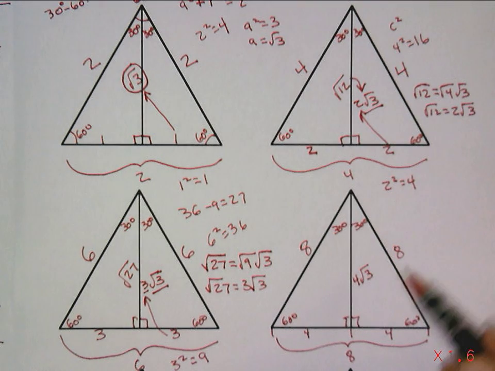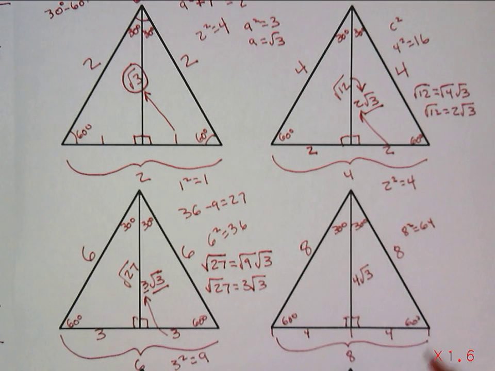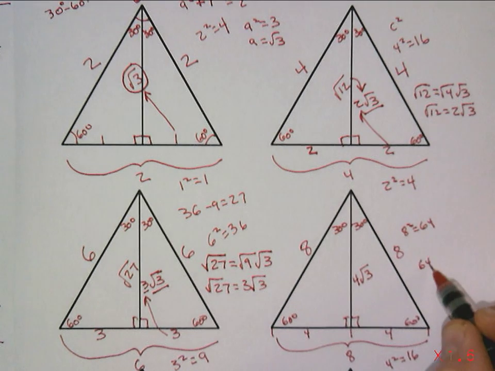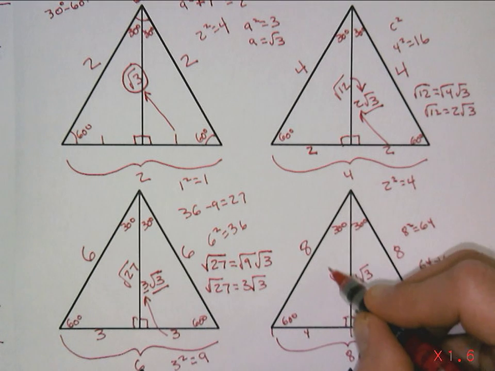Now we can check this, because I can say 8 squared is 64, and 4 squared is 16, and if I take 64 minus 16, I get 48. So this length here would be the square root of 48.